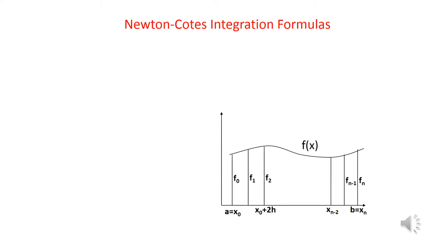So we have to find out the area under this curve, which is inside the points x equal to x0 and x equal to xn, denoted by a and b.